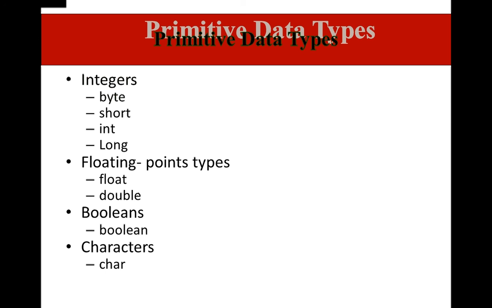Decimal numbers are handled with floating point types. We have two data types here: float and double. To handle true or false, yes or no kind of values, we use booleans. We have only one data type for that, boolean. To handle characters, we have a data type called char.